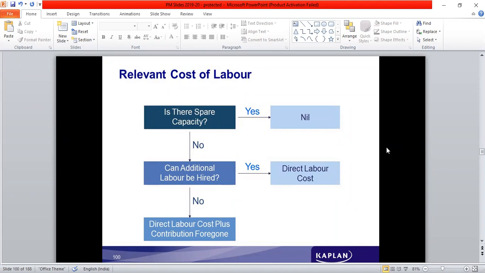Can additional labor be hired if they do not have spare capacity? Do they have the requirement to hire additional labor? Then when they hire additional labor, cost of labor becomes the relevant cost.